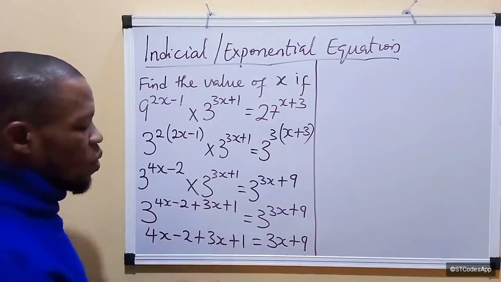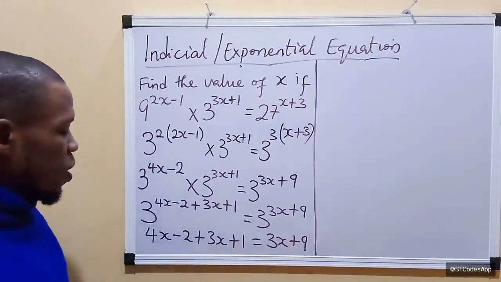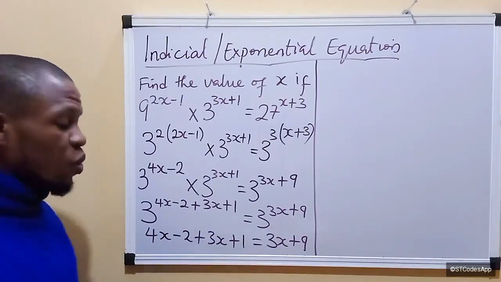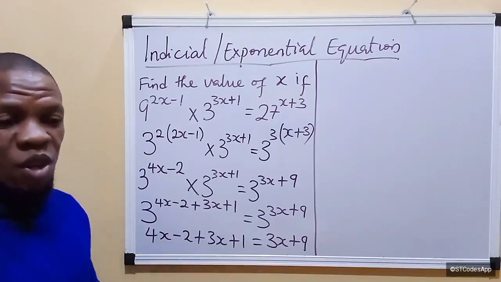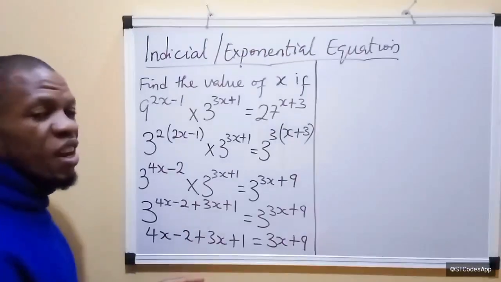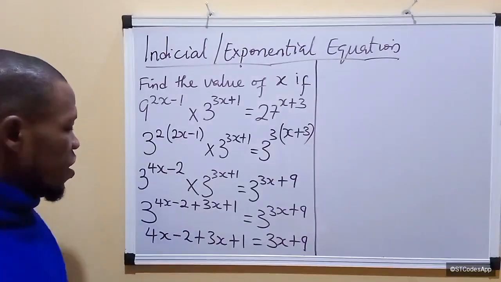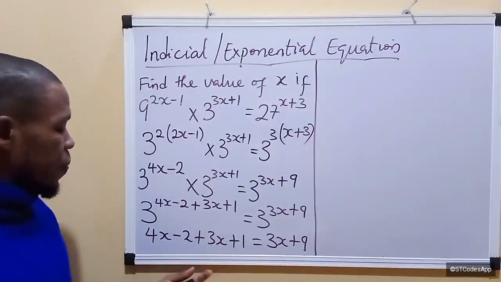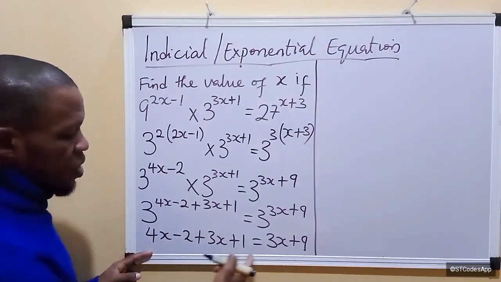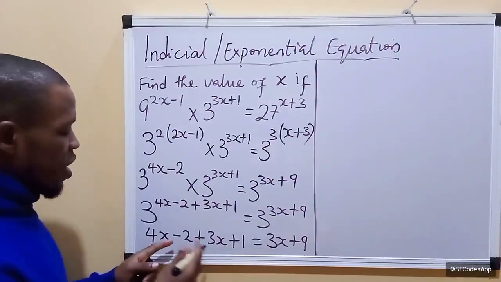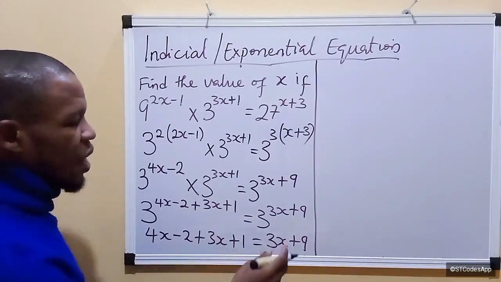The power here equals the power here. By this we have resolved this into a linear equation, no longer an indicial equation. So we collect like terms from this stage. We have 4x here, 3x and 3x. We bring them together and then bring the constants minus 2, plus 1 and 9 together.